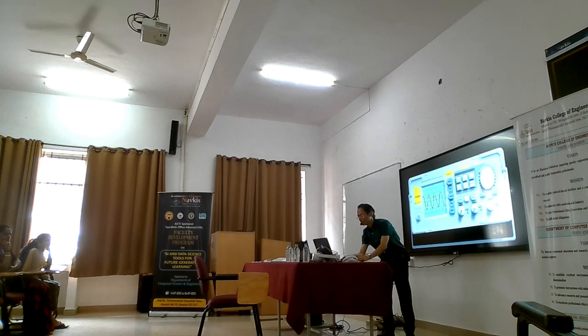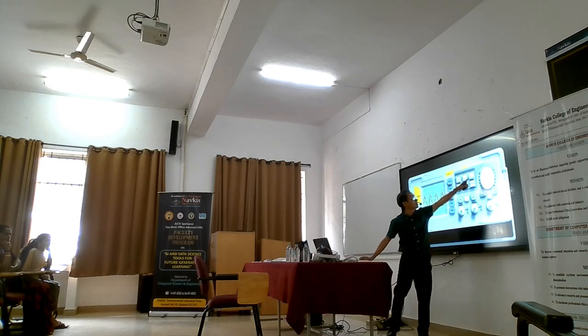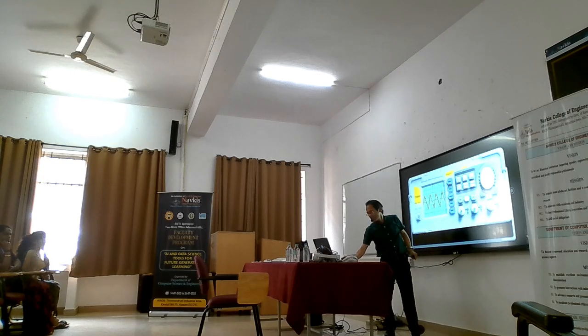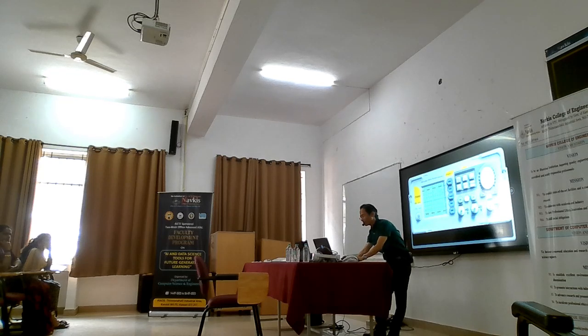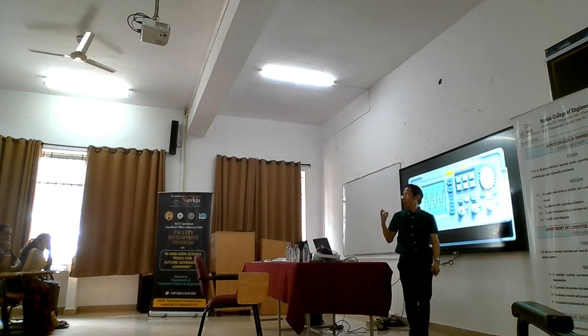Then this could be a different waveform. If I click here, the triangle waveform, square waveform, and so on. So all this can be simulated. You can increase the amplitude. Let me go back to the sine. You can even go to the phase, so you can change the phase of the waveform and so on. So all this can be simulated.